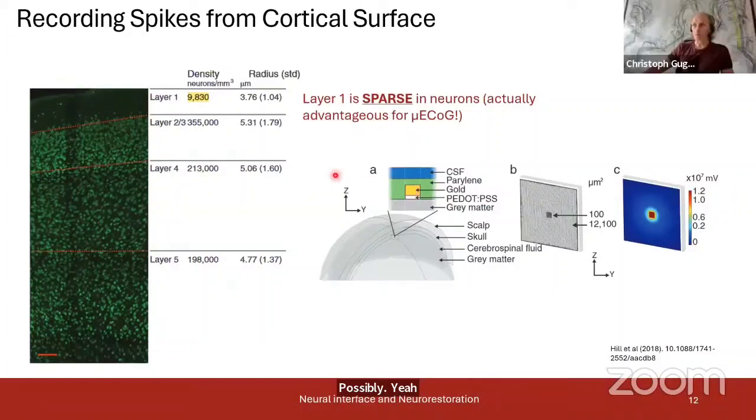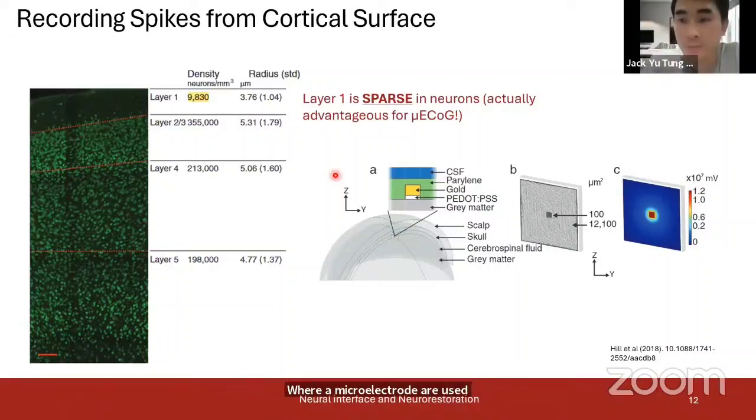Rodrigo is asking, when it comes to clinical application, what type of application can you imagine in humans where microelectrode arrays are used? Yeah. So anything in principle that the intracortical arrays can do. So control of robotic neuroprosthesis or screen cursors.